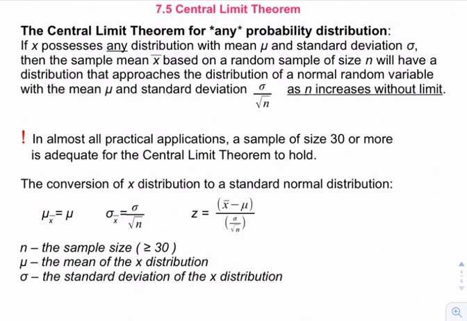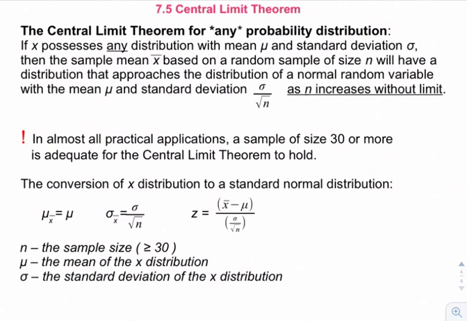So the central limit theorem's other crucial statement is that even when we do not start with a normal distribution for X, the X bar distribution can look very much like a normal distribution.